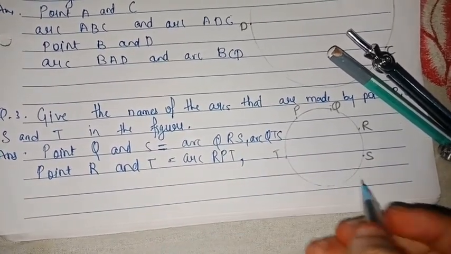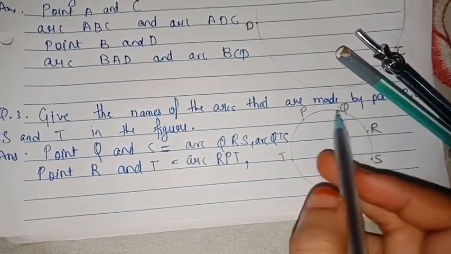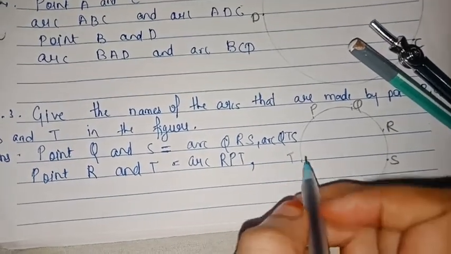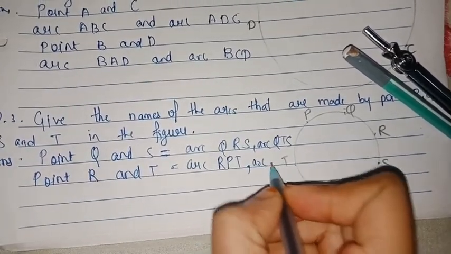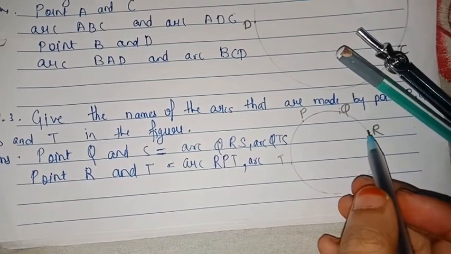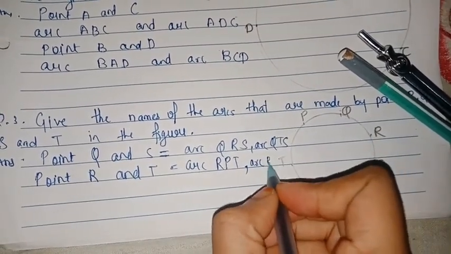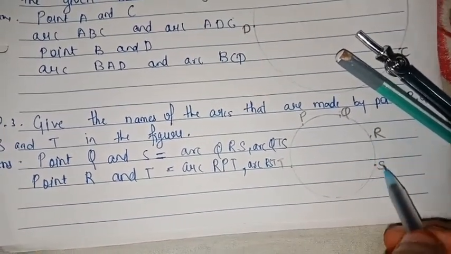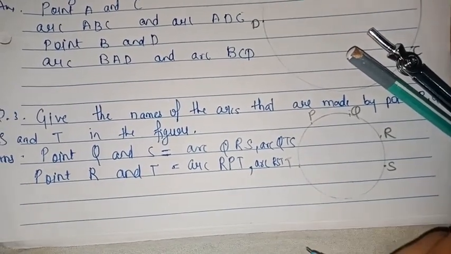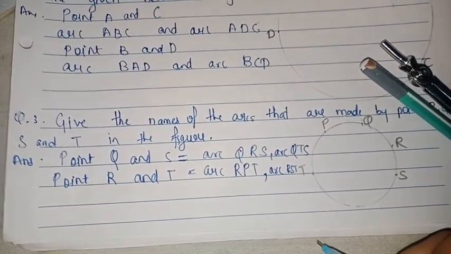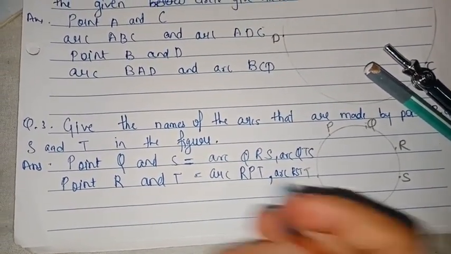You can also say arc RQT, it's up to you. Second arc is arc RST, you can see RST, right? Got it?